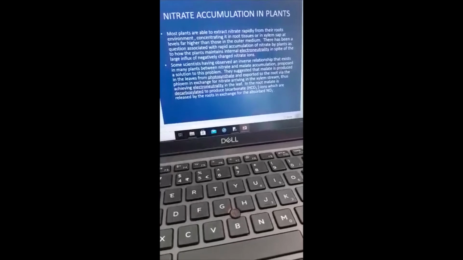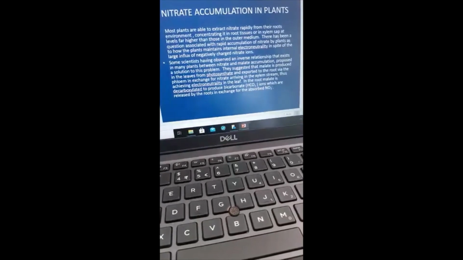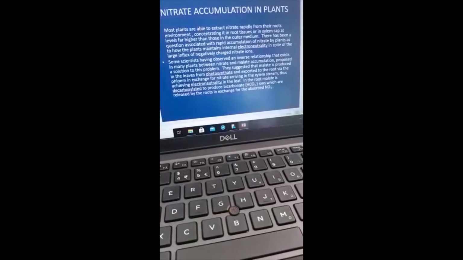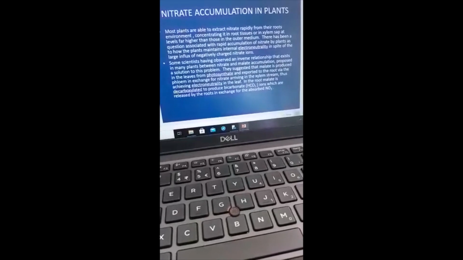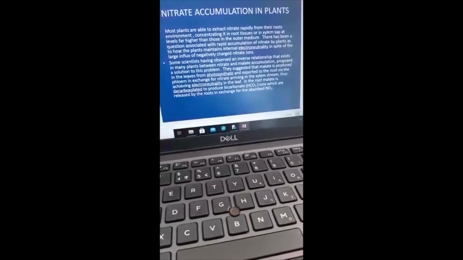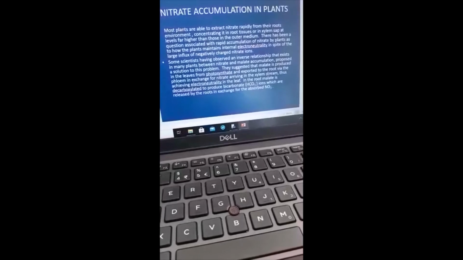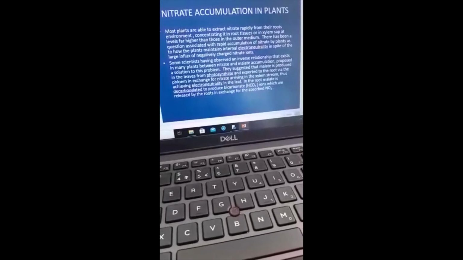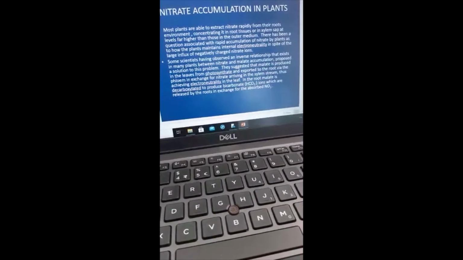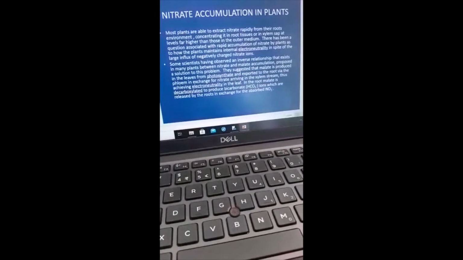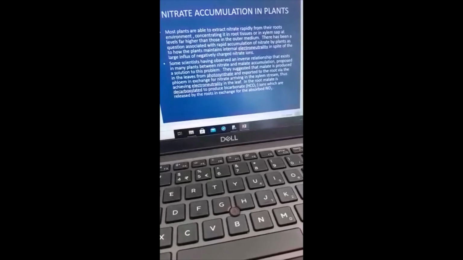Then the potassium nitrate that is formed is delivered from the root via the stem to the leaves of the plant. Upon reaching the leaves, nitrate is dumped within the leaves. Potassium detaches itself from nitrate within the leaves and it becomes free.